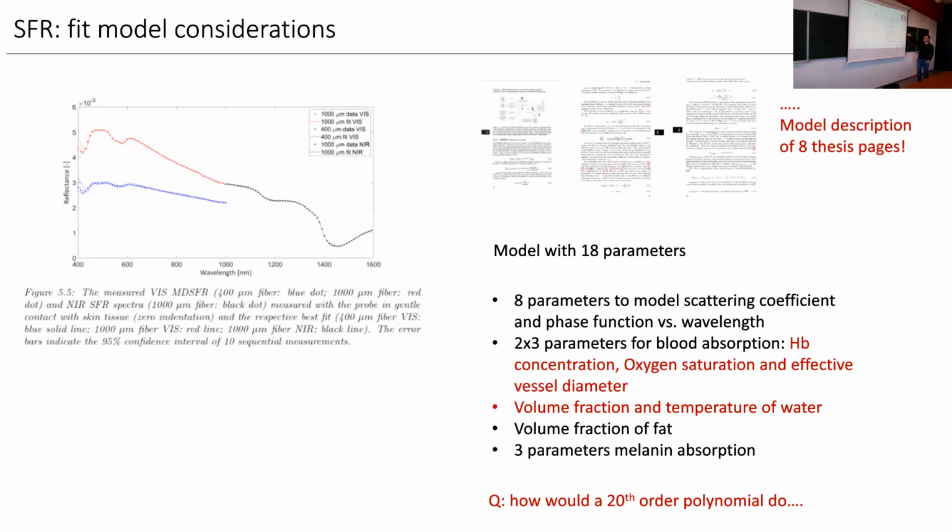So again, a model with 18 parameters, A to describe the scattering, and then 2 times 3 for the blood, and then fat and so on. So many parameters that at some point you start to wonder how well would a 20th order polynomial fit. Probably would fit, just in terms of fit quality, just as well.